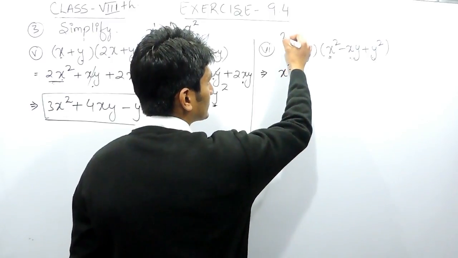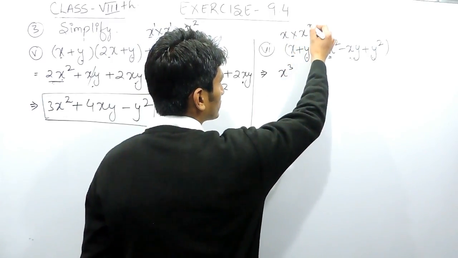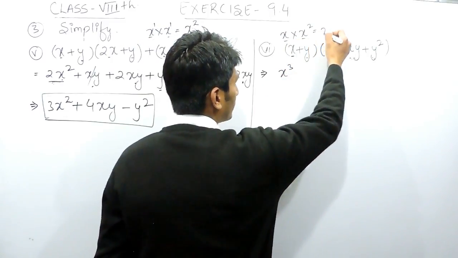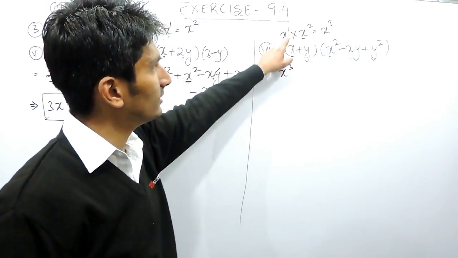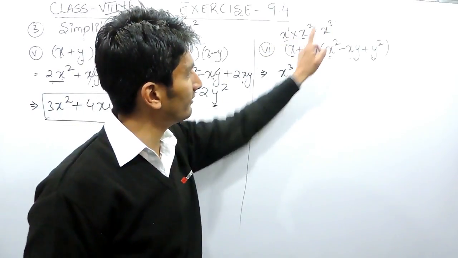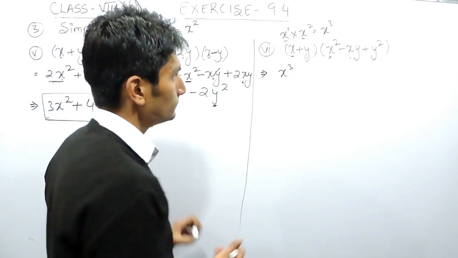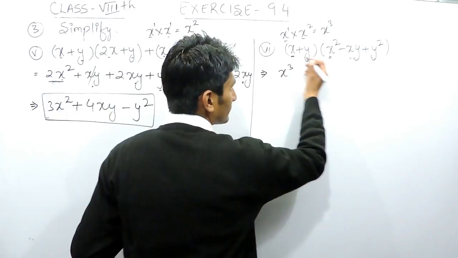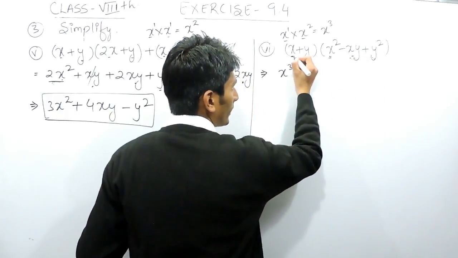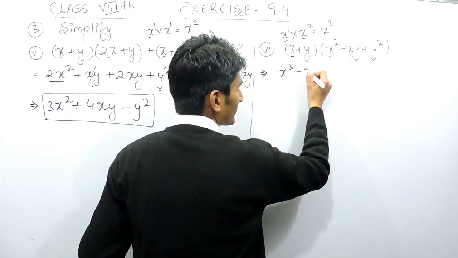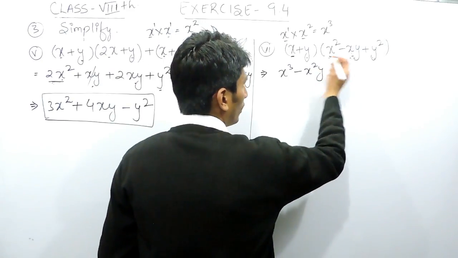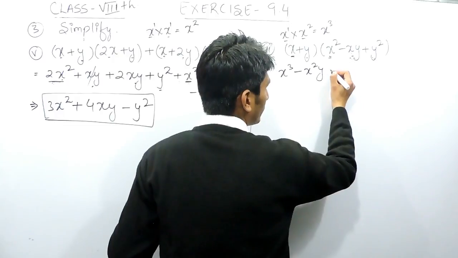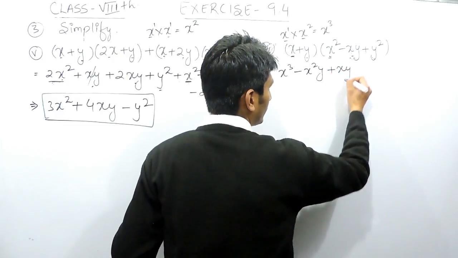Again, the base is the same, so the power gets added: 1 plus 2 gives x raised to power 3. Now x multiplied by xy gives x square y. Now x multiplied by y square will give xy square.